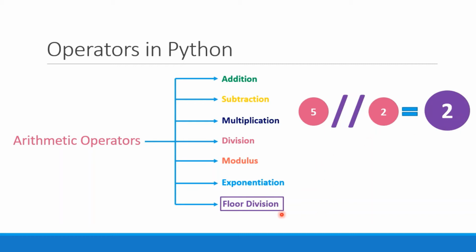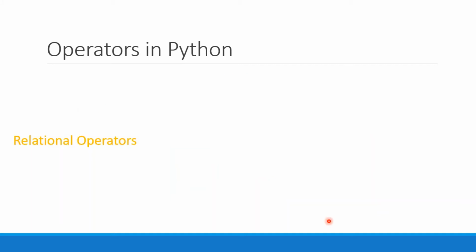So that is all about arithmetic operators. Now let's move to relational operators. We use relational operators when we want to compare two values, or we want to check the relationship between two values.